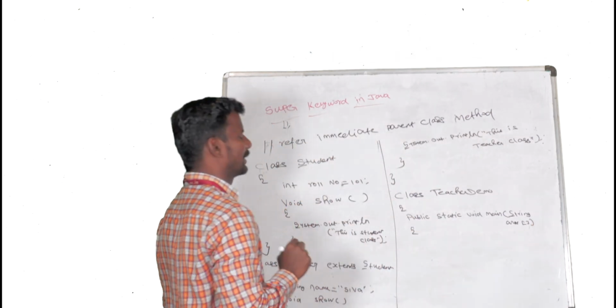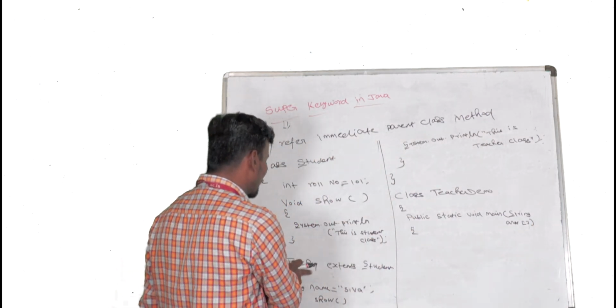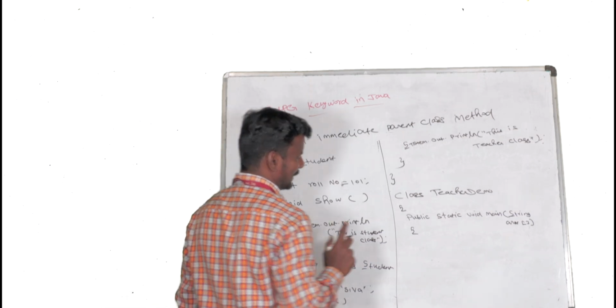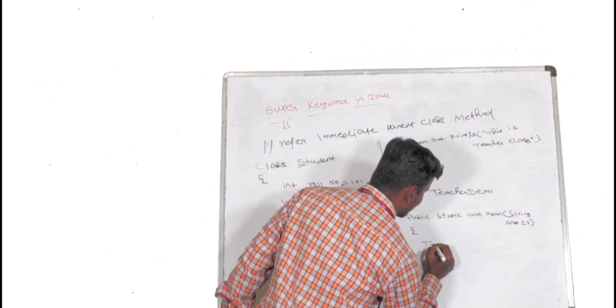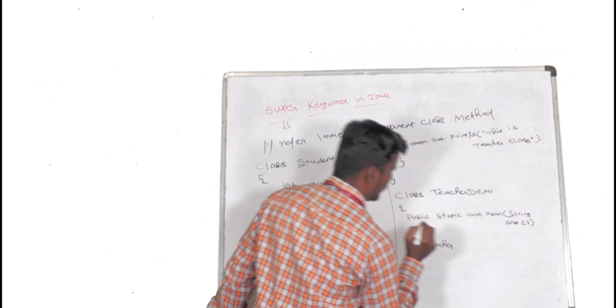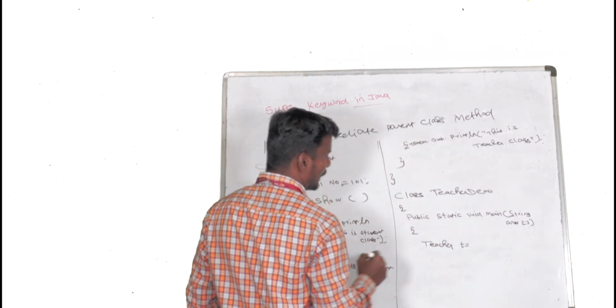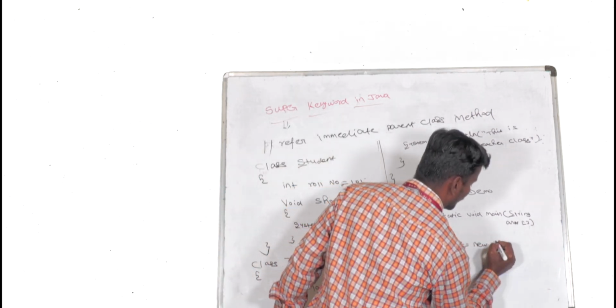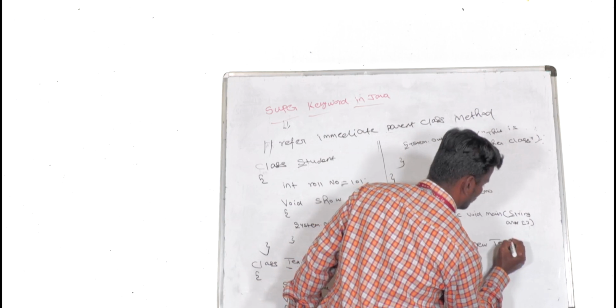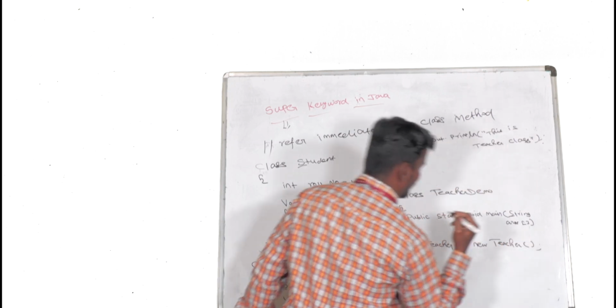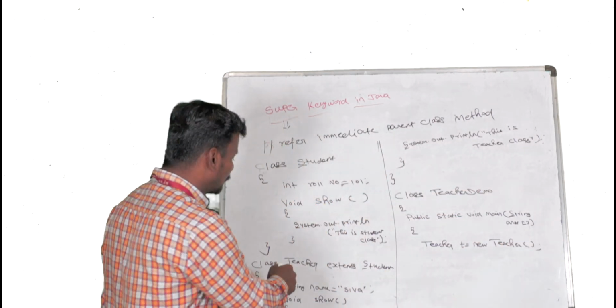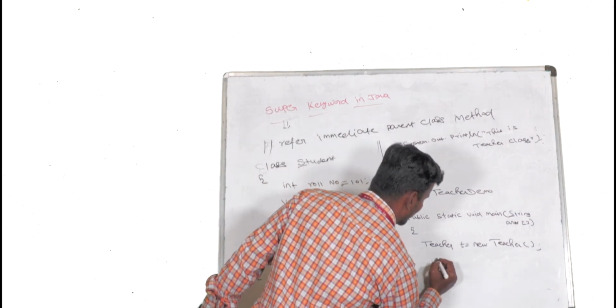Now we create one object by using the derived class name. The derived class name is Teacher. Teacher t, the name of the object is t. t is equal to new Teacher.